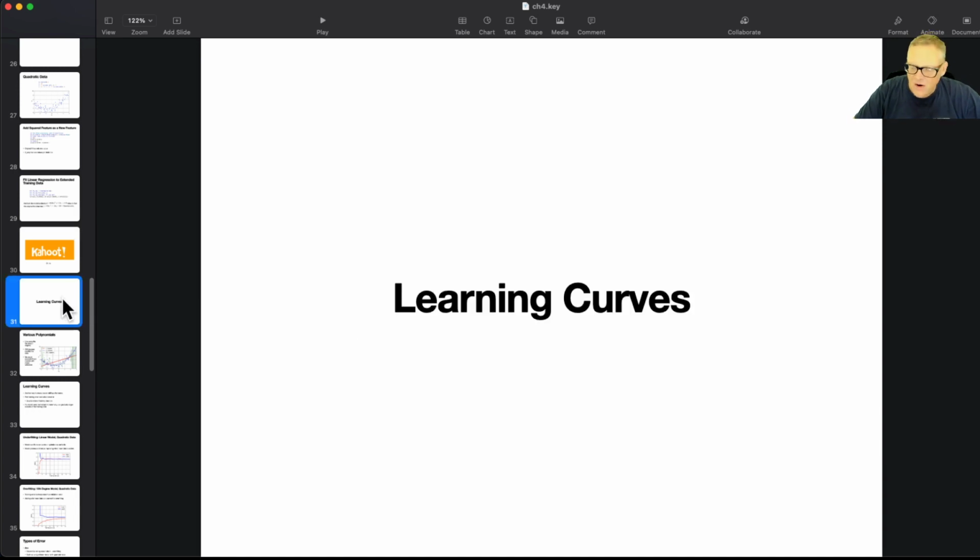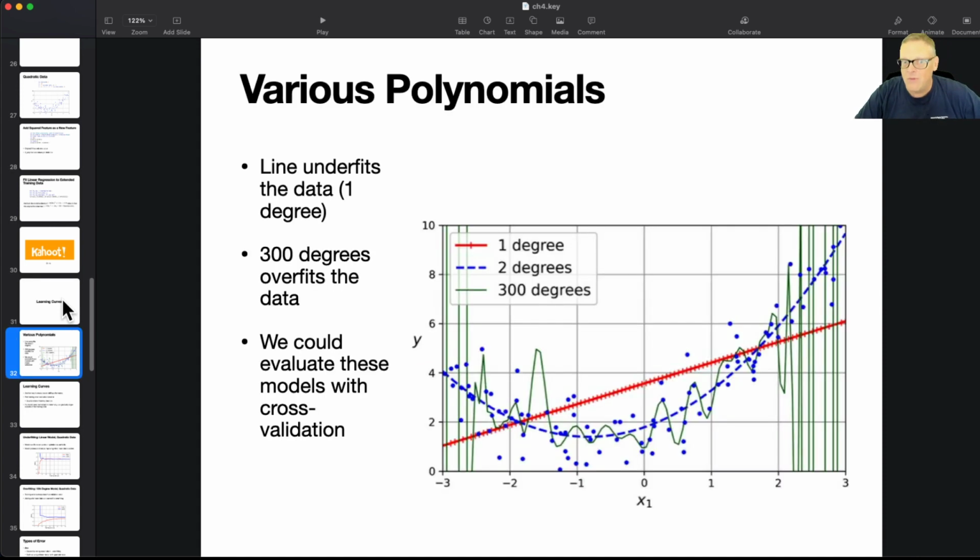Anyway, all right. So now let's talk about learning curves. The learning curve is just what we've had some simple examples of before, where you try to see how fast does it learn, how well does the learning work. So here, for example, if you have this data here, which I think is the quadratic data we made before, if you try to fit it with a line, that's 1 degree, and even the best fit line is pretty miserable.